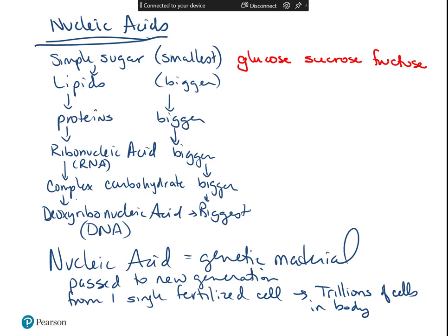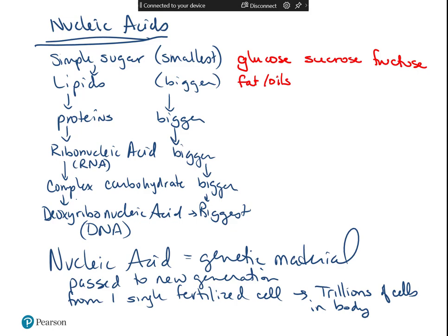If we go up one step, it's a pretty big step because the next ones are lipids. Whereas simple sugars have anywhere from 25 to 50 atoms, lipids are now in the hundreds of atoms. So your fats and oils are bigger than sugars, but smaller than all the others.